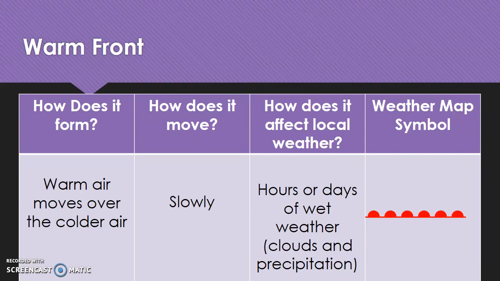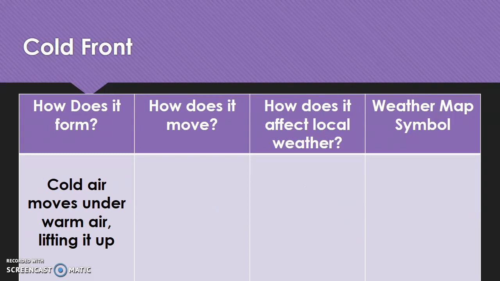So it's kind of like a bunch of little half suns on the line. So that's how I remember what shape is for warm front. And that's helpful too if there's ever a map that's black and white and doesn't have the color. You're going to have to rely on the shape to know what type of front it is rather than the color.